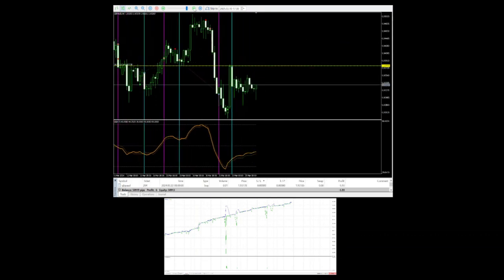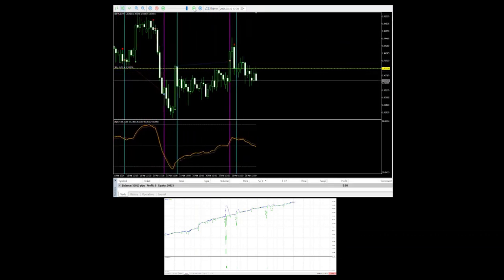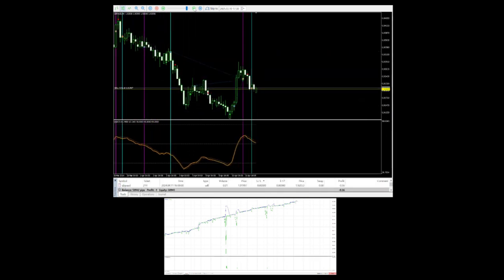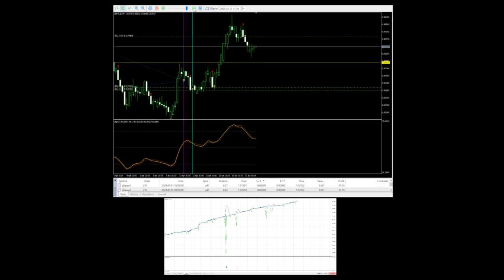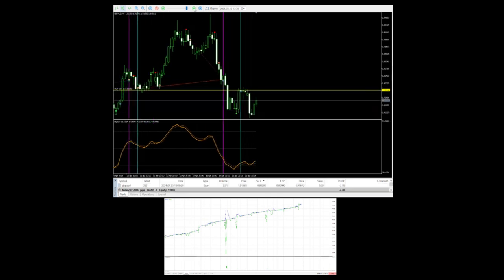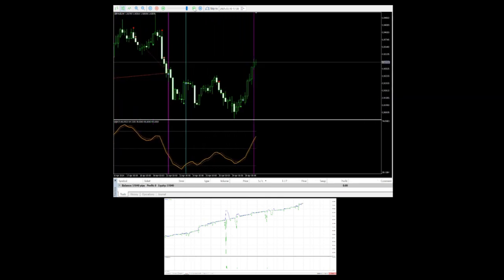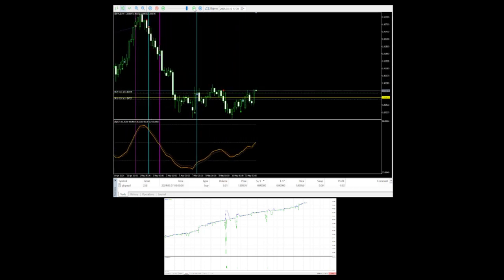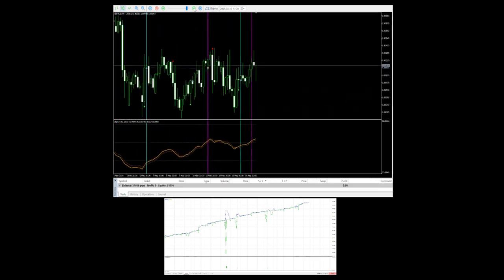Once a sequence starts, each subsequent QMP signal dot that appears in the same direction adds another position to that sequence. So if we're in a buy sequence and another QMP buy signal appears, the EA adds another buy position. This isn't arbitrary. It's not based on price moving a certain number of pips.